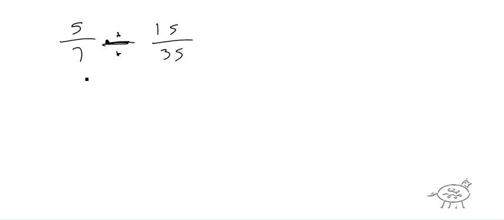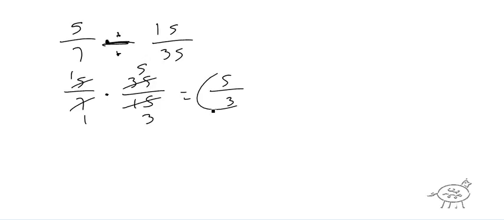All right, so I'm going to change it to 5/7 times 35 over 15. Pretty easy. And then cross-cancel, so 7 goes into 7 once, 7 goes into 35 5 times, 5 goes into 5 once, 5 goes into 15 3 times, and we have 5 thirds. Okay, again, 5 thirds, don't tell me 1 and 2 thirds. I want it as 5 thirds.